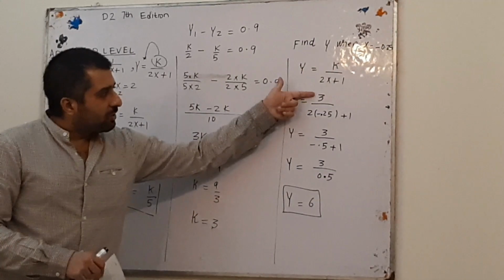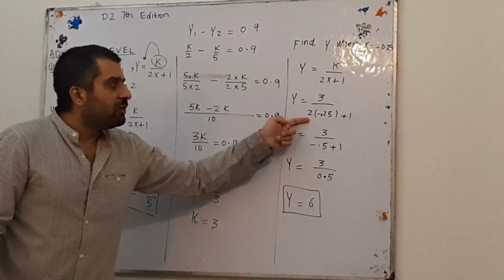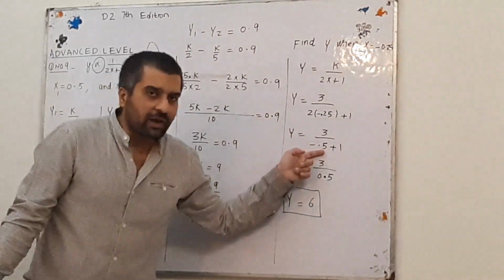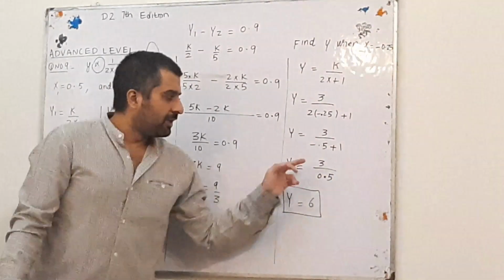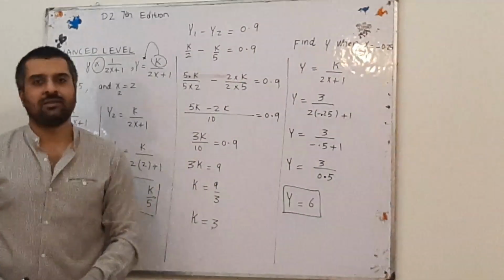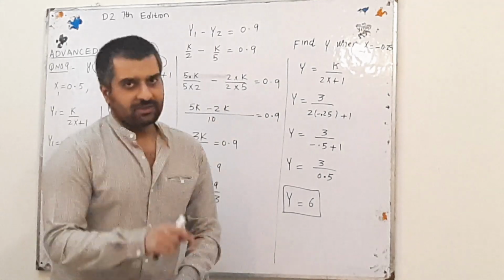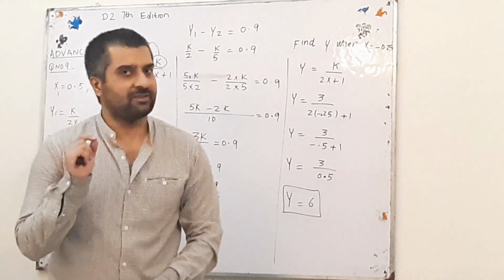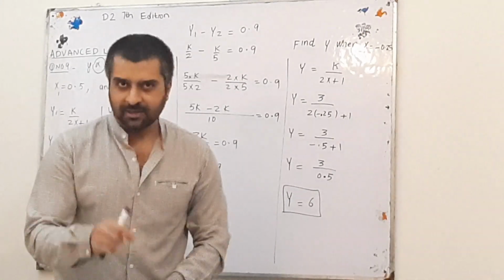Minus 0.25 into 2 gives you minus 0.5, and minus 0.5 plus 1 gives you 0.5. 3 over 0.5 is 6. So the answer for this question, the value of y when x is minus 0.25, is 6. Thank you so much.